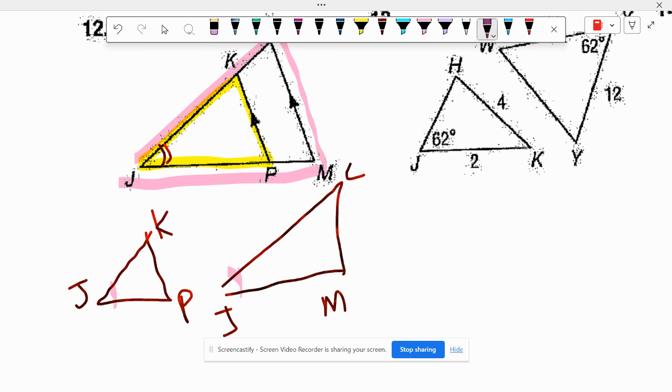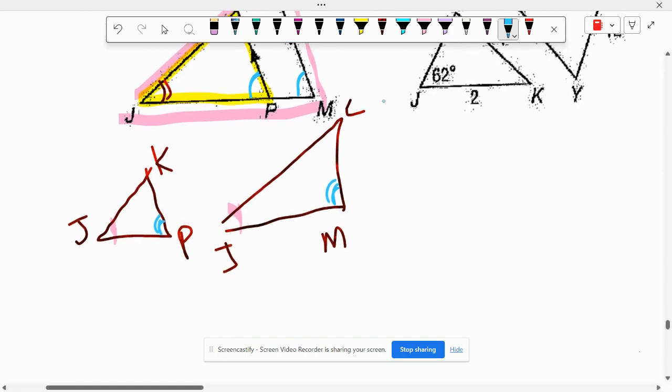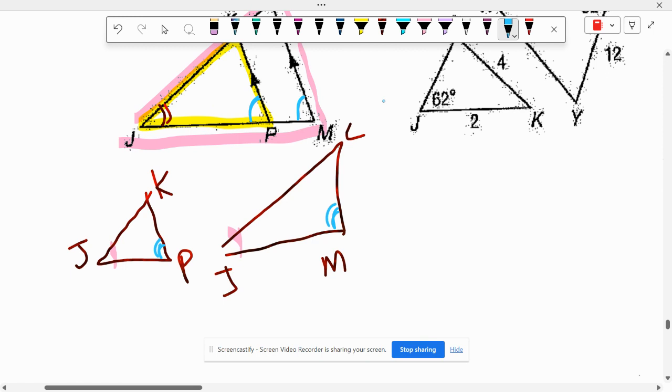But what can I say because of these parallel lines? What does that make these two angles? Why? What kind of angles are they? They lie in the same spot on both lines, in the same spot on the transversal.